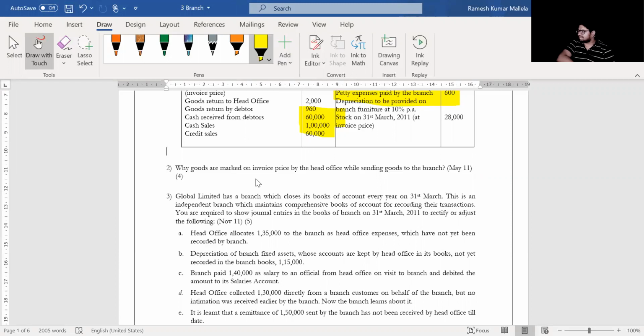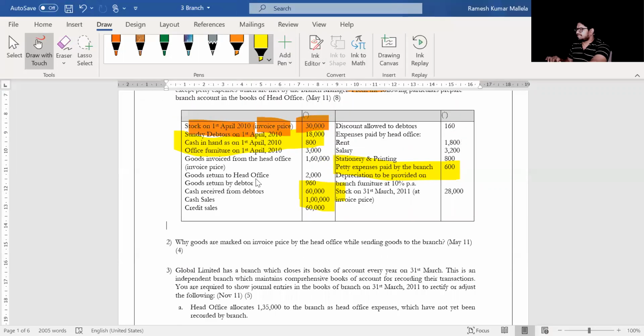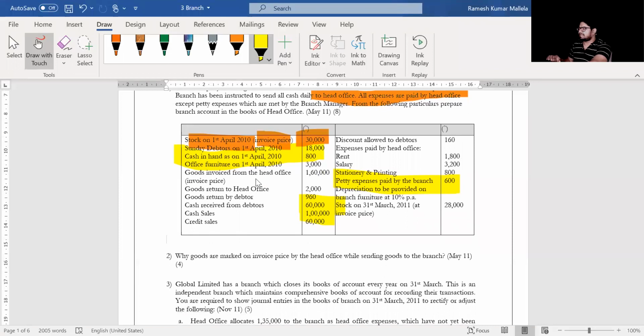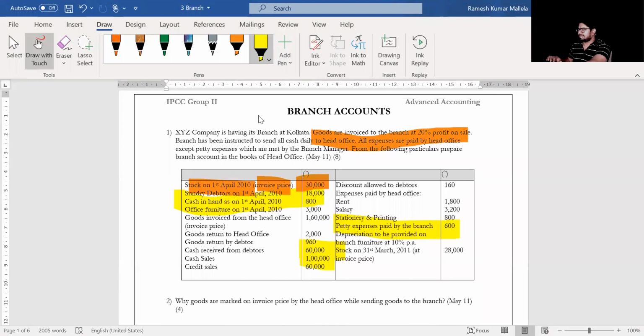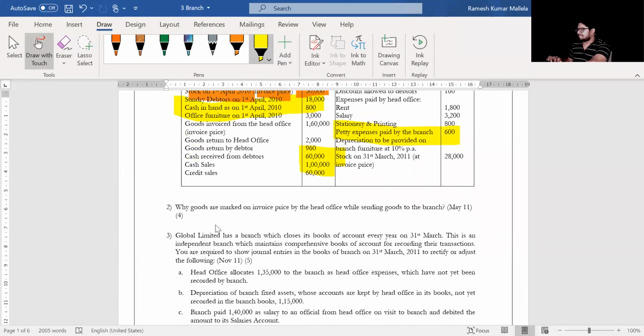Let's move to the next question. If you observe, in May 2011, 8 marks were asked for this debtors account, debtors method, and 4 marks for the theory part.